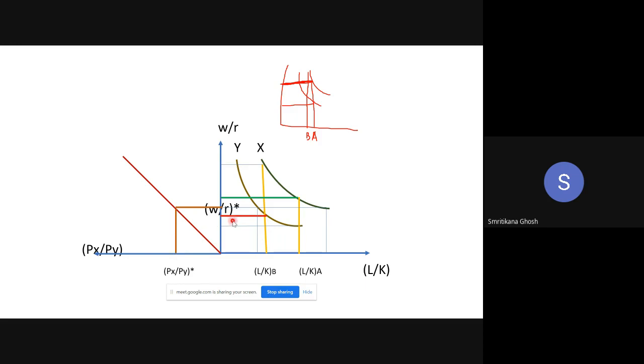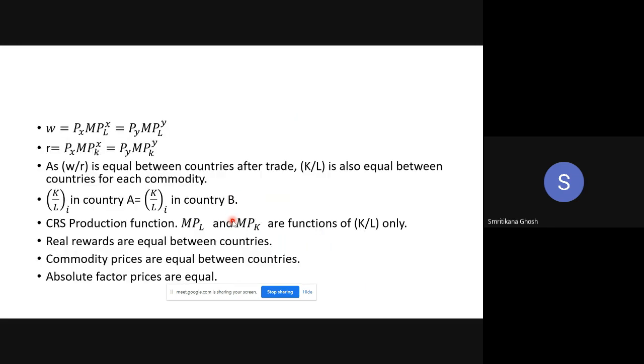So as W by R is equal for both the countries after trade, K by L is also equal between the countries for each commodity.